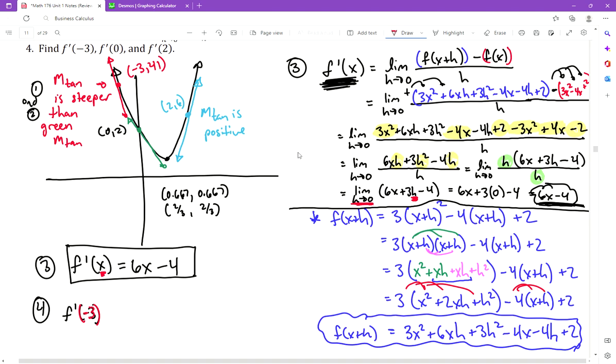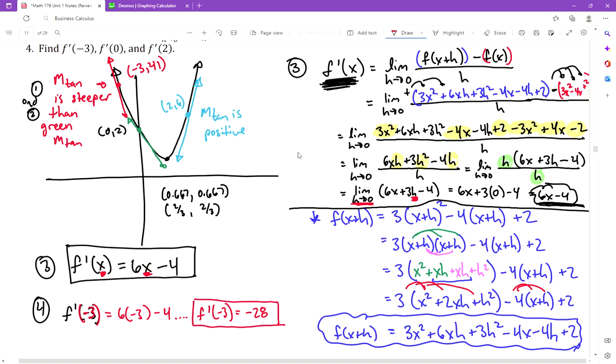But this acts the same way when we plug in numbers. It's just saying change those x's into -3. So we would have 6 times -3 and then -4. We could plug that into a calculator, and say our f prime of -3 is -28. And let's box that.